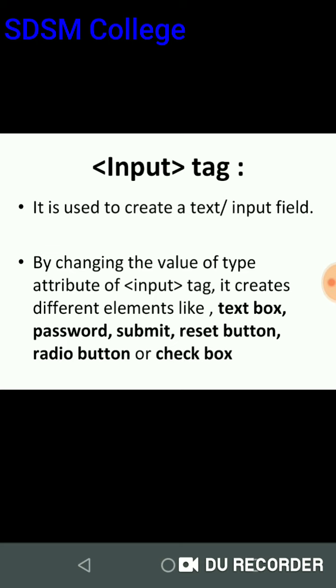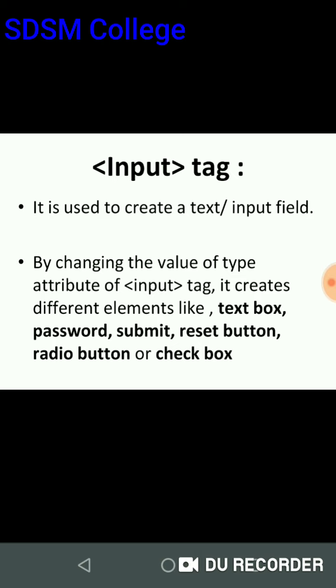By changing the value of the type attribute of the input tag, it creates different elements like text box, password, submit, reset, radio button, or checkbox. So to add these elements, you can use the input tag and its attribute type.